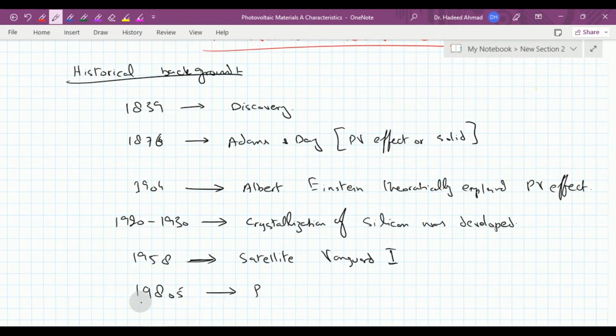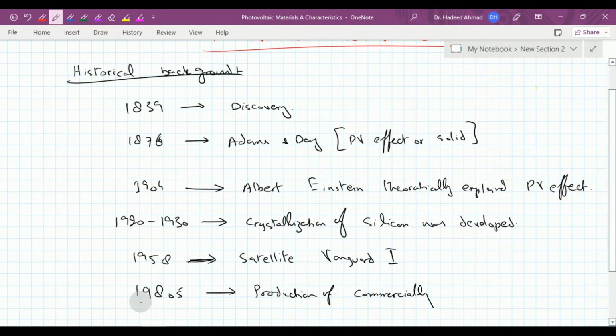the production of commercially available PV cells or PV modules was started.